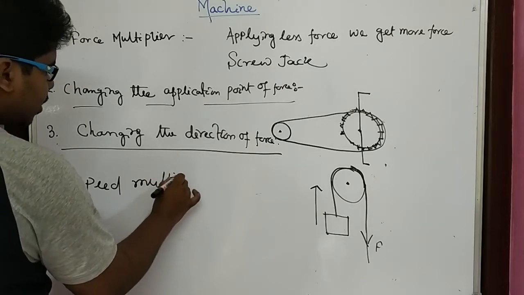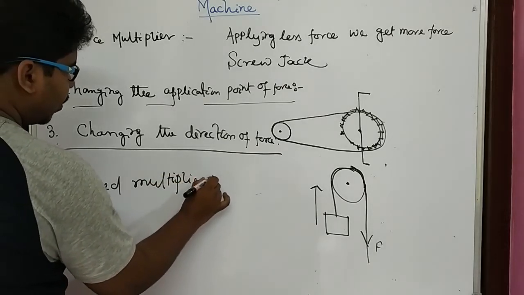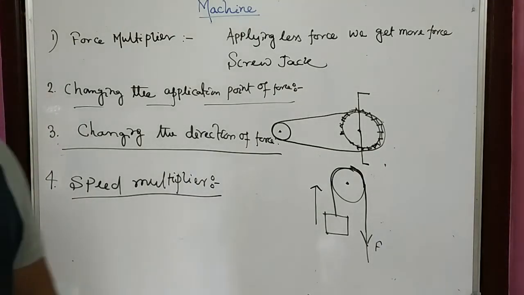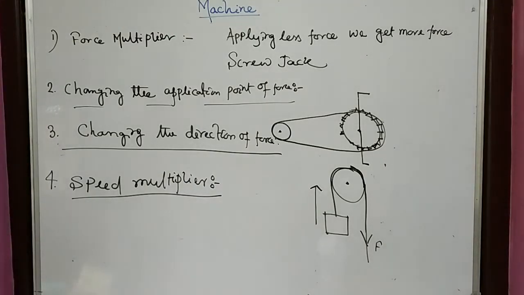Number 4, a very important thing, is known as speed multiplier. What is a speed multiplier? It is a special kind of instrument by which we can do our work very fast. By the name only, speed multiplier, we are increasing the speed by using the machine.